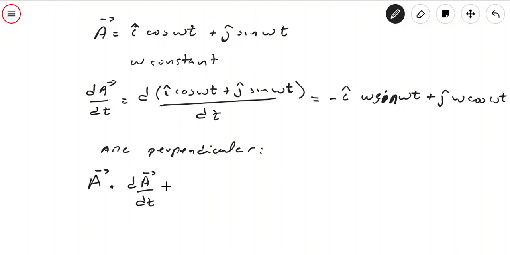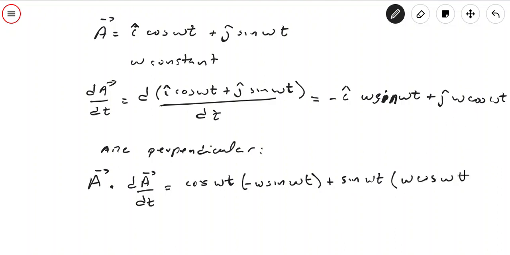So this is equal to cosine of Wt times negative W sine of Wt, plus, now we multiply sine of Wt times W cosine of Wt.